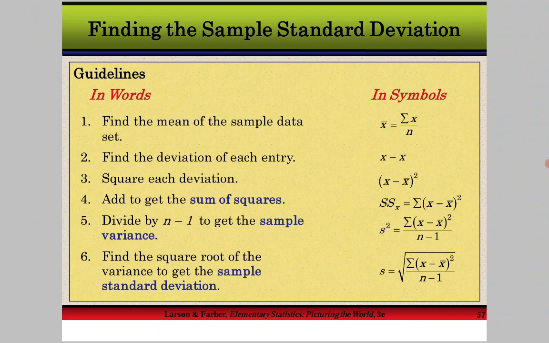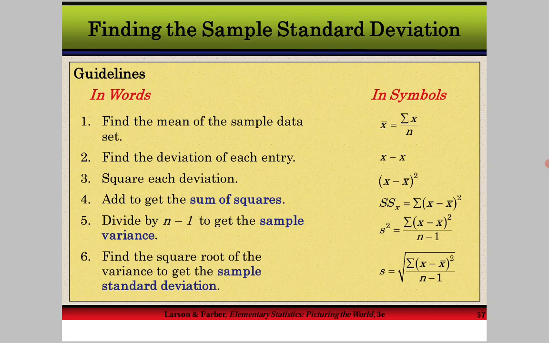So here we simply find the difference between the data item and the mean of the data set. So here we are taking x minus x bar, where x bar is the mean of the data set, that is x bar is equal to sigma x by n.